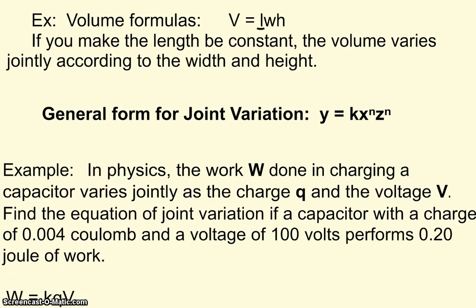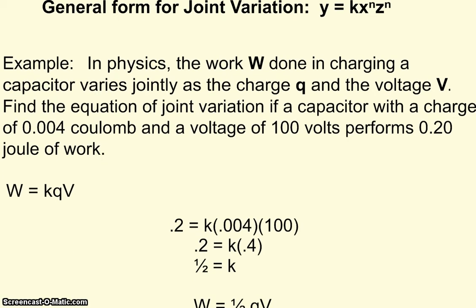In the example we have below, we have a physics problem where work done varies jointly as the charge Q and the voltage V. And they asked us to find the equation of joint variation in a capacitor with a charge of 0.004 coulombs and a voltage of 100 volts when it performs 0.2 joules of work. We start with setting up the equation.